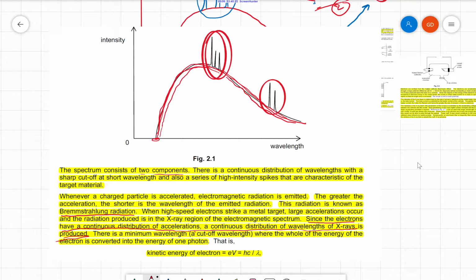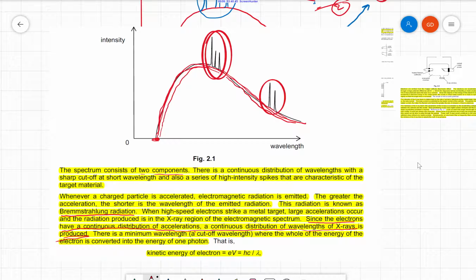I explained what causes these spikes, and we also explained why we have a cut-off wavelength here, as it corresponds to the electron that possesses the highest kinetic energy.